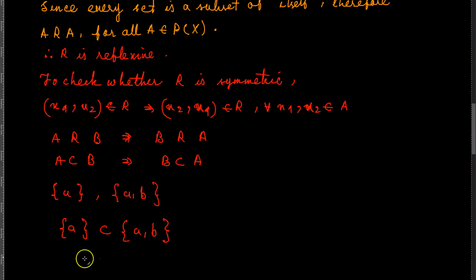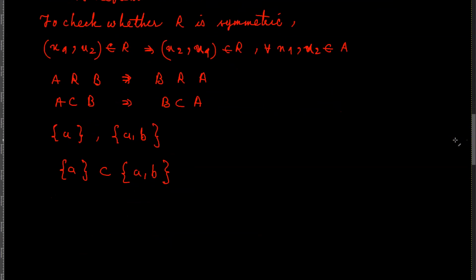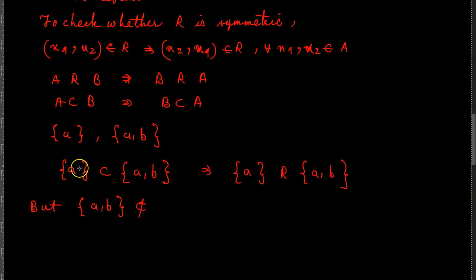We have no problem here, and therefore, based on the rule that we have here, I can say that this set is related to this set, right? So we have no problem with that. But the set {A, B} is not a subset of this set.